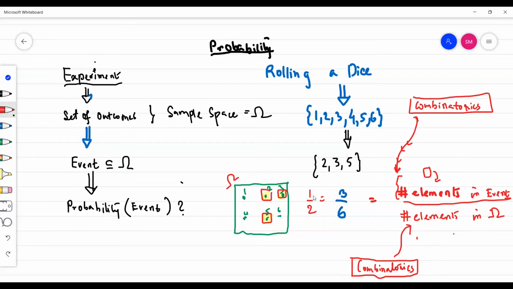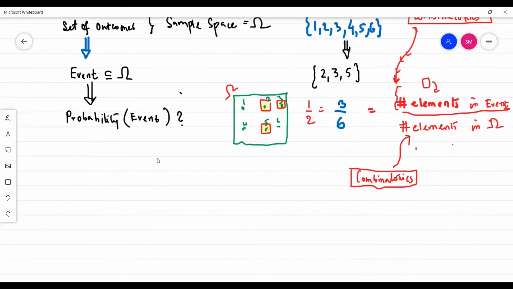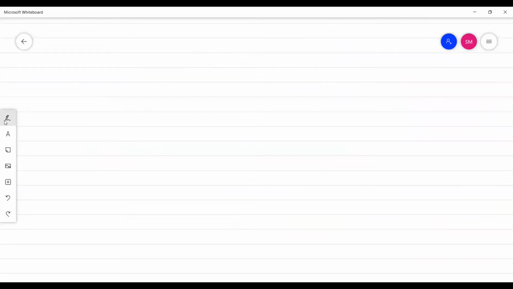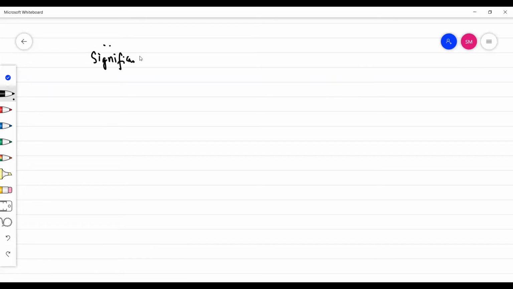This is the basic idea. But there is a problem here. There is a con in this approach, a very significant problem.